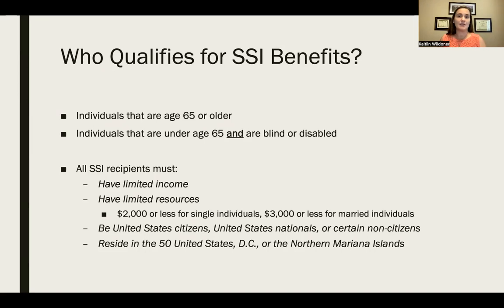All SSI recipients, irrespective of age and disability, have to have limited income, limited resources, either be a United States citizen, national, or certain non-citizens might also be eligible to receive SSI for a limited period of time. You must also reside in the 50 United States, Washington, D.C., or the Northern Mariana Islands. Okay.